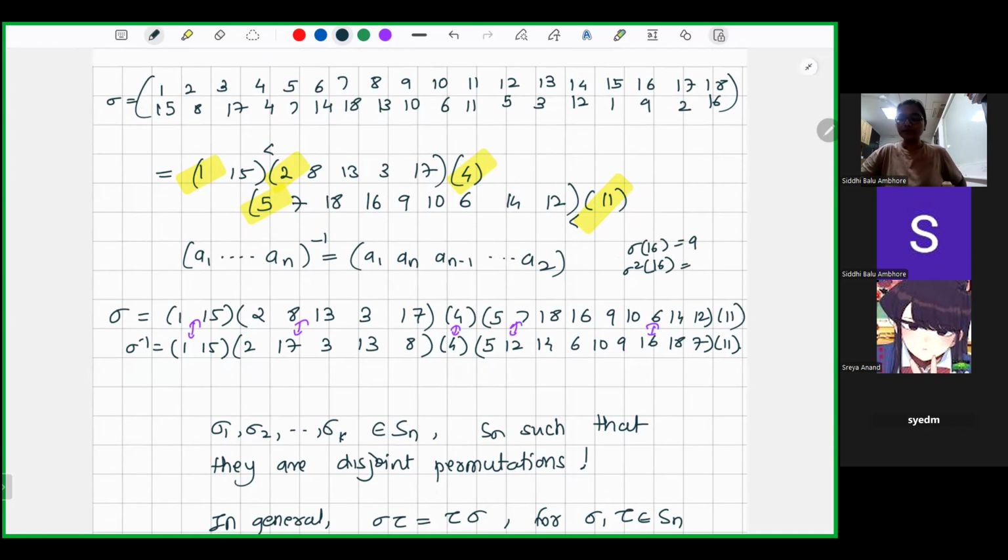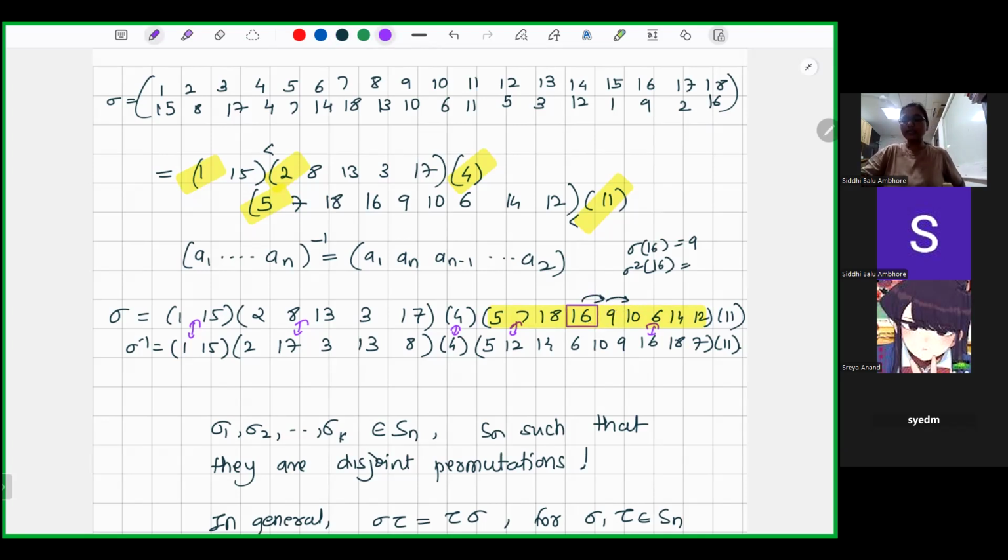Every time I do this, we can see that every power of sigma, when I check it for 16, will travel only in the cycle which contains 16. It can never go to any other element.